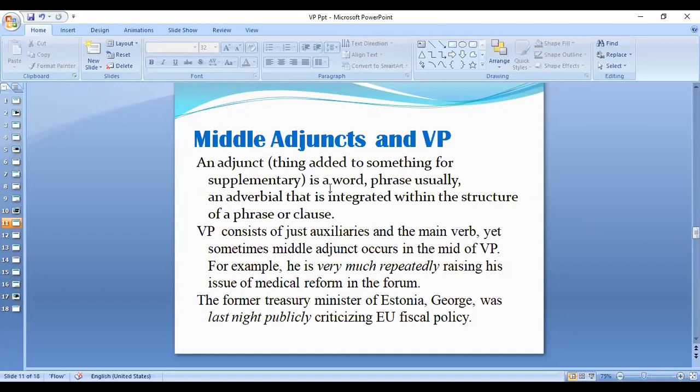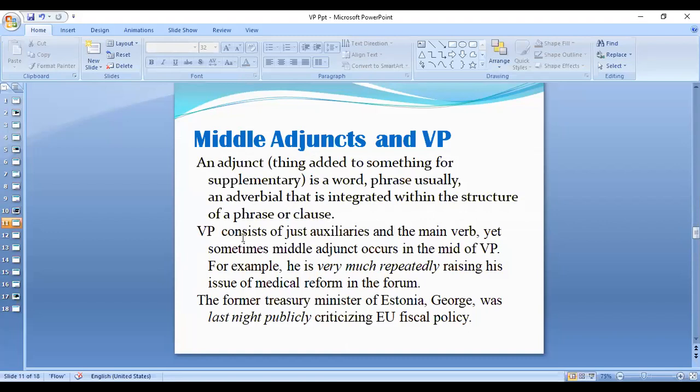So an adjunct is a word or phrase, usually an adverbial, generally an adverb phrase, that is integrated within the structure of a phrase or clause.